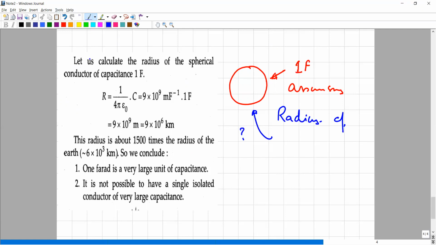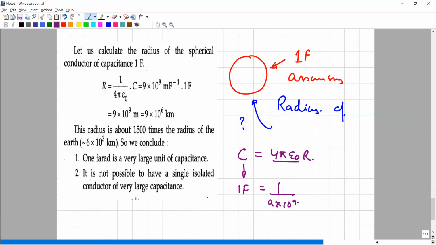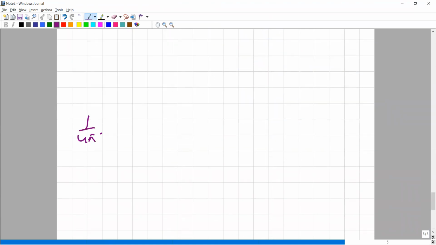Now, just now we have done this formula that capacitance is equal to 4 pi epsilon naught R. If I assume this capacitance to be 1 farad, the value of 1 by 4 pi epsilon naught is 9 into 10 raised to 9.